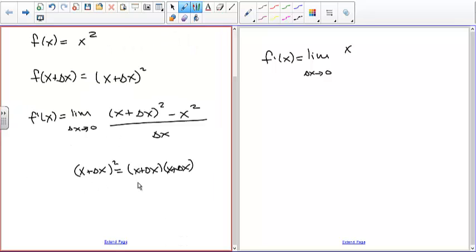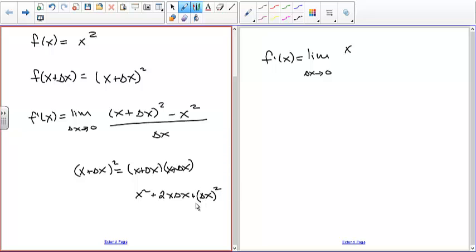And then you can use FOIL. First is x times x, which is x squared. Inner is x times delta x, and outer is x times delta x, so we get 2x delta x. And then delta x multiplied by itself is delta x squared.